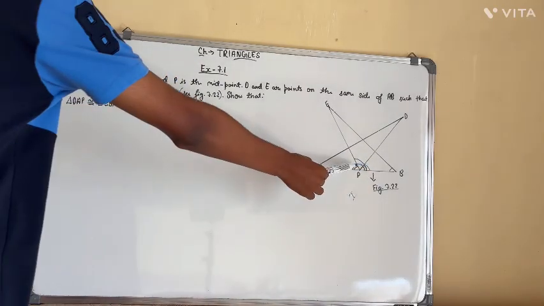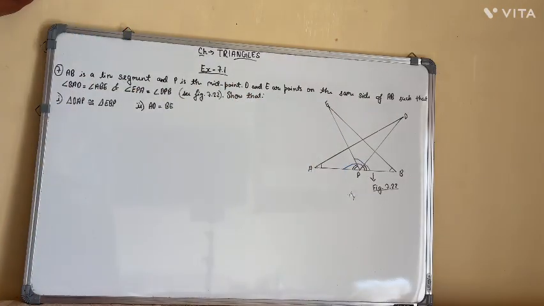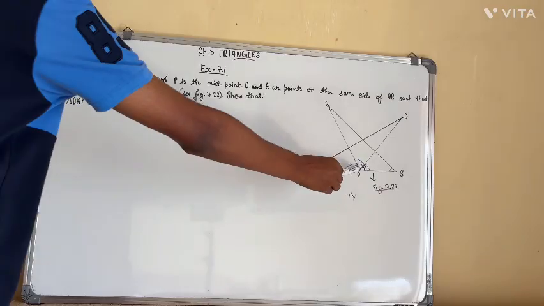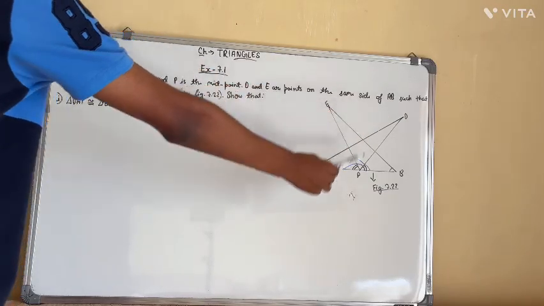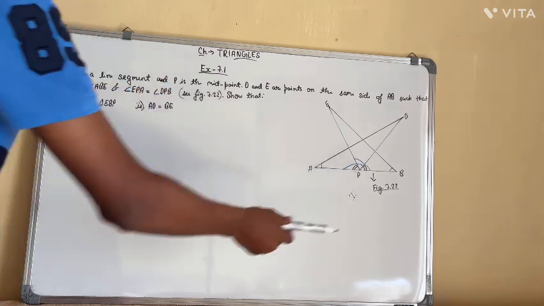Okay, but it is given only this and this angle are equal. The middle part is common in both the angles. Okay, so can we add angle DPE to both of these? Then we can find this also.